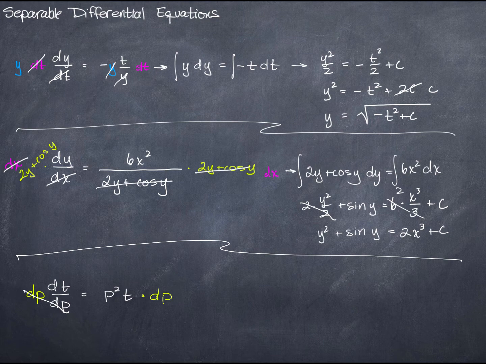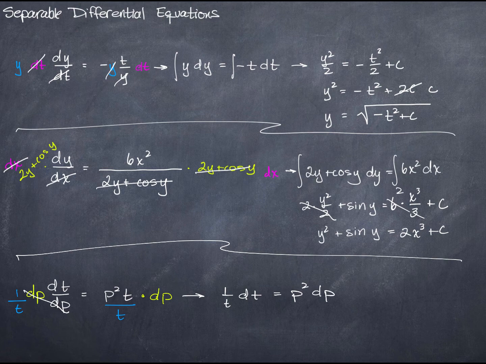Well, but that's exactly what I need to do. So if I divide this by t, and I divide this by t, I get the equation 1 over t dt equals p squared dp.